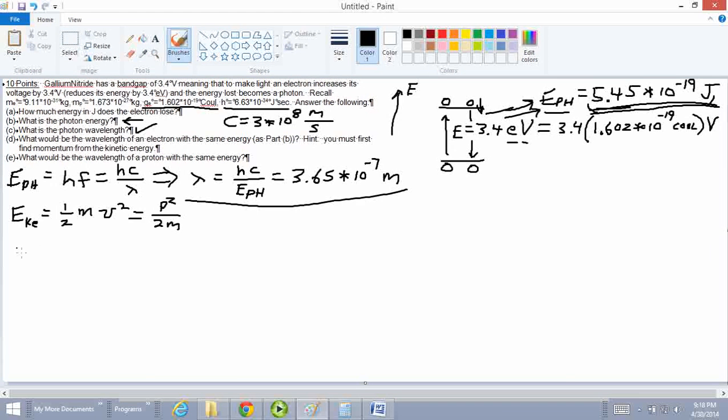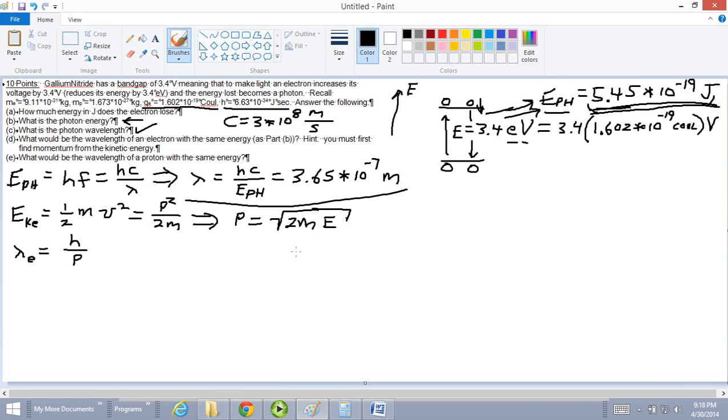The wavelength of that electron is h over the momentum. Well, solving this momentum equation, P equals the square root of twice the mass times the energy.